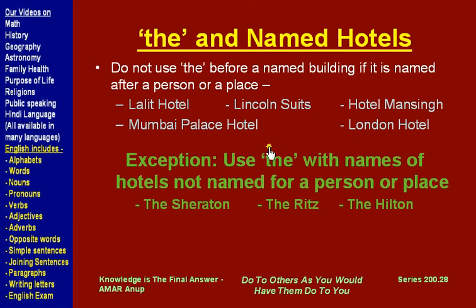None of them have "the" before them. Coming back to exceptions, use "the" with the name of hotels that are not named after a person or place. So we call the Sheraton, the Ritz, the Hilton. If the hotel is not named after a person or place, use "the" before that.